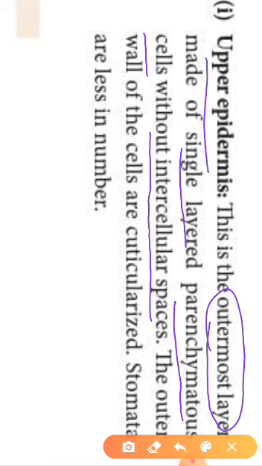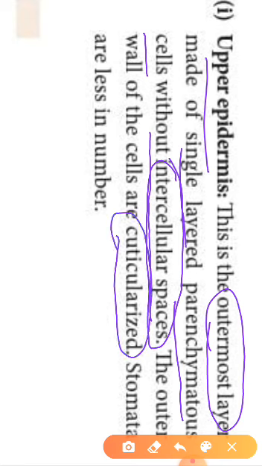What is intercellular spaces? Spaces in between the cells. The outer wall of the cells are cuticularized, which means cells are covered with cuticle.